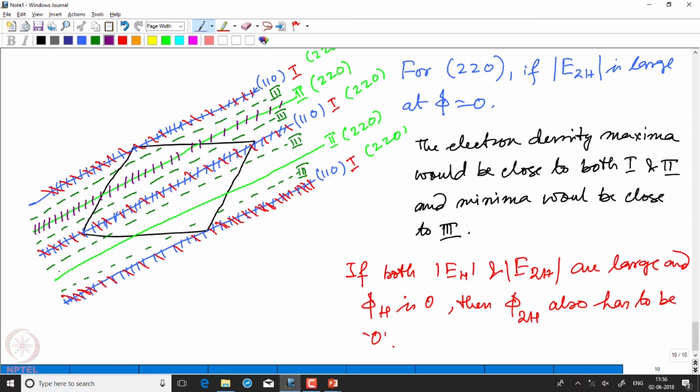So these lines will have intermediate density, and the lines 3 will have 0 intensity, because line 3 is now minima for 220 and 0 for 110, that is, it is 0 for the 110 set of reflections and it is a minima for the 220 set of reflections. So there won't be any density close to that.